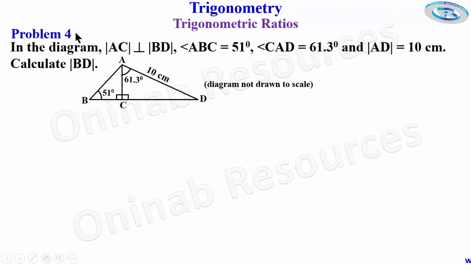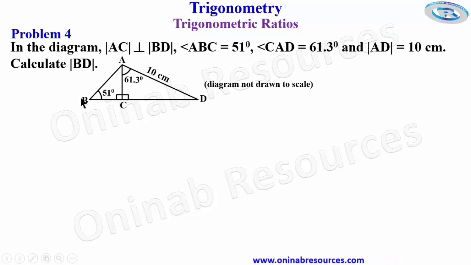For problem 4, in the diagram, AC is perpendicular to BD at point C. Angle ABC is 51 degrees. Angle CAD is 61.3 degrees. And AD is 10 centimeters.